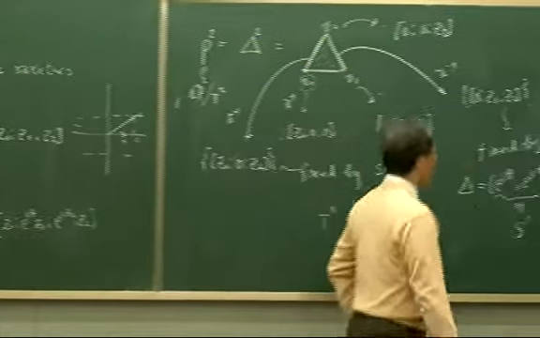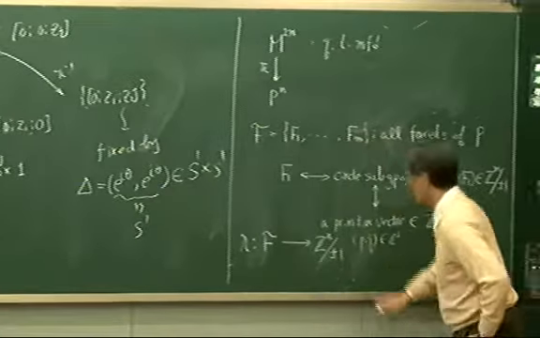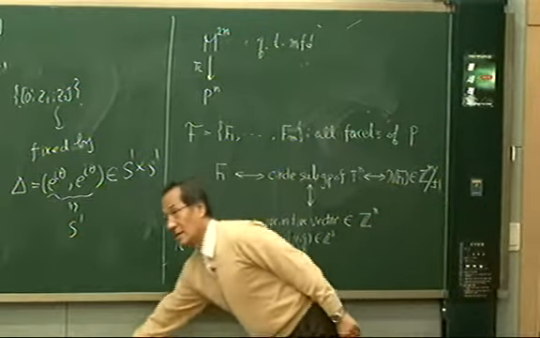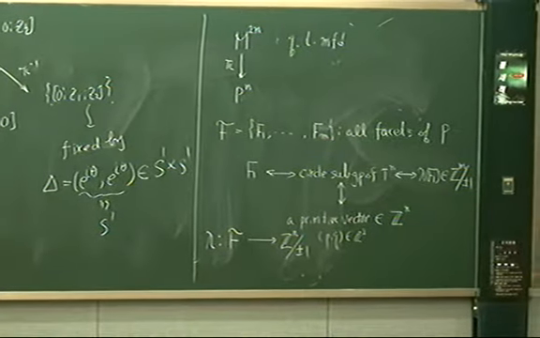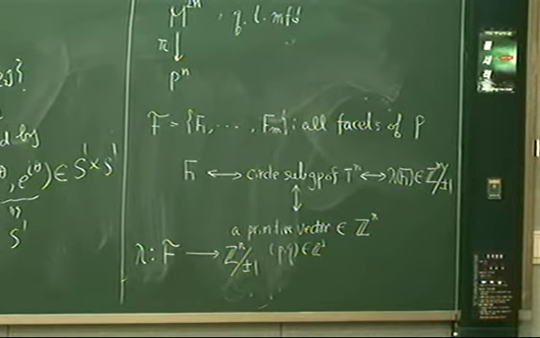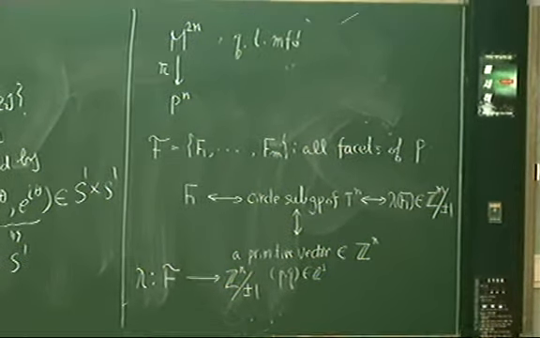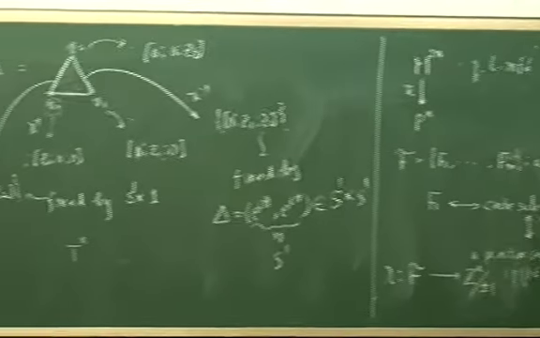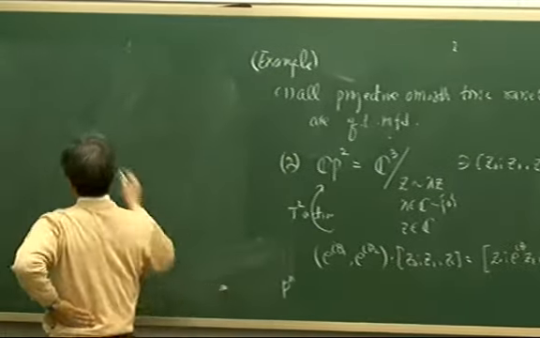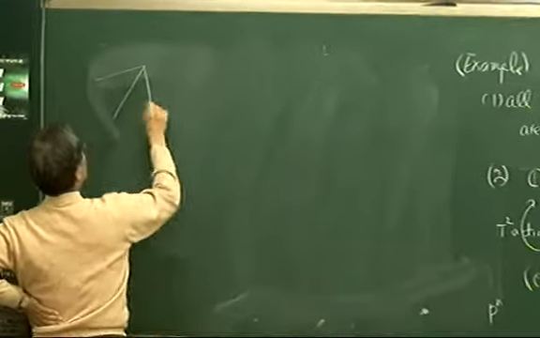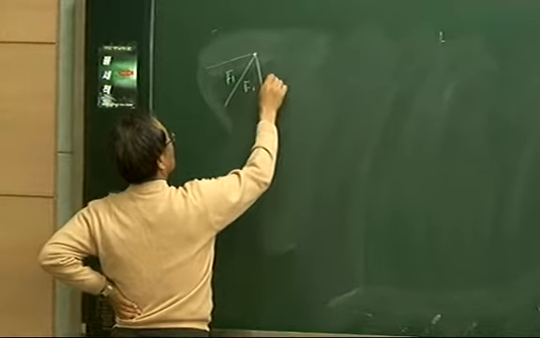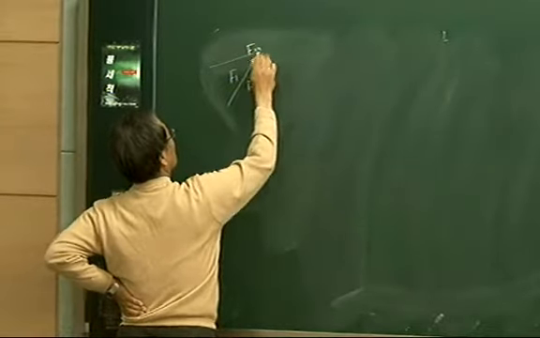Okay? And then it should satisfy one condition. It's called the non-singularity condition. In order for this action to be effective, what happens is that at each vertex, you have F1, F2, let's say Fn.